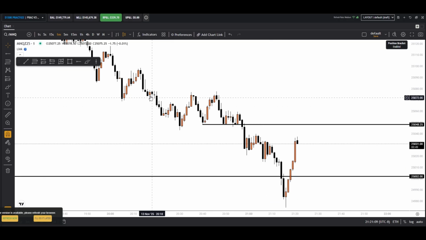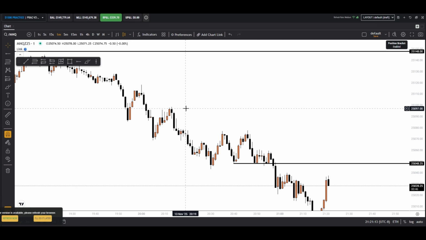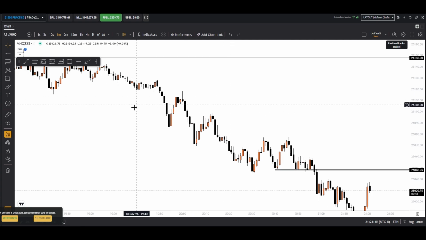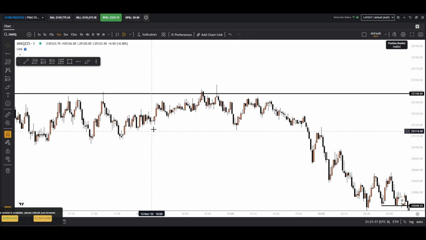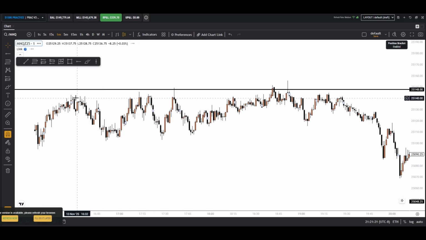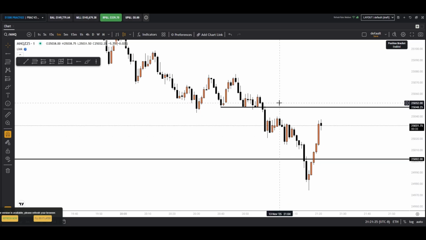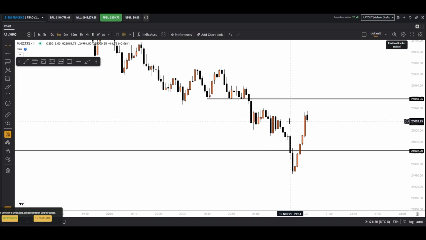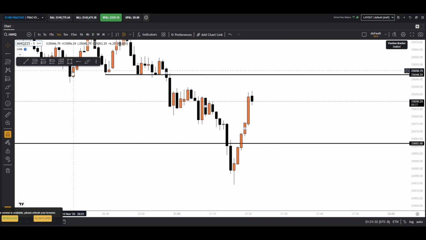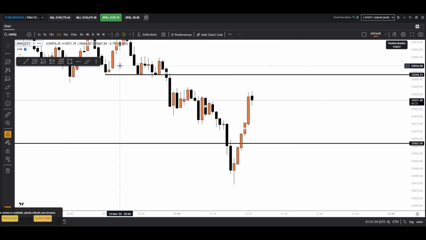I don't tend to take trades off of the lows or highs ever, because they just don't really work out that often. You can see here, every time it doesn't really do much. Spikes goes lower, spikes goes lower, spikes goes higher, closes go higher, closes go lower. It's not really the best trade to be taken.